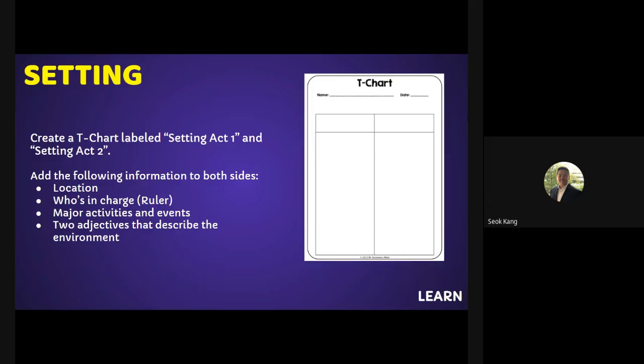Okay. What about for setting Act 2? What is the location in Act 2? Forest, right?